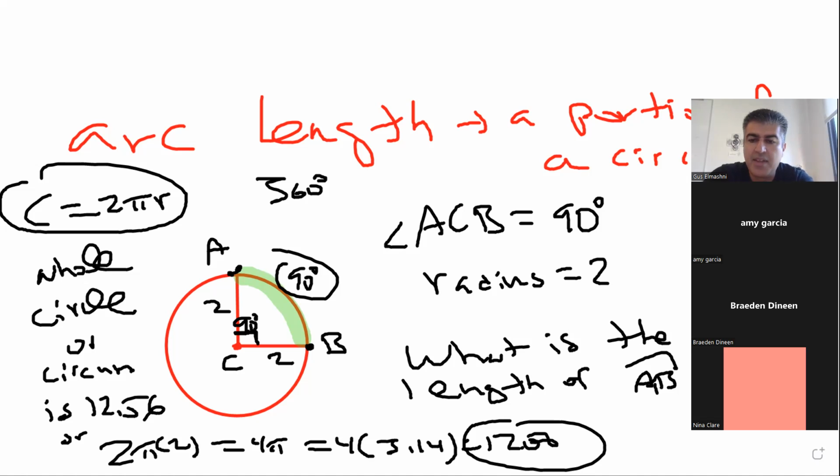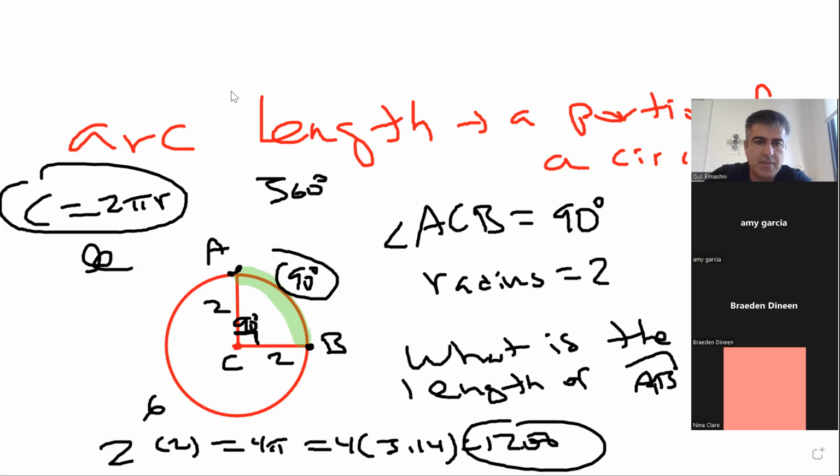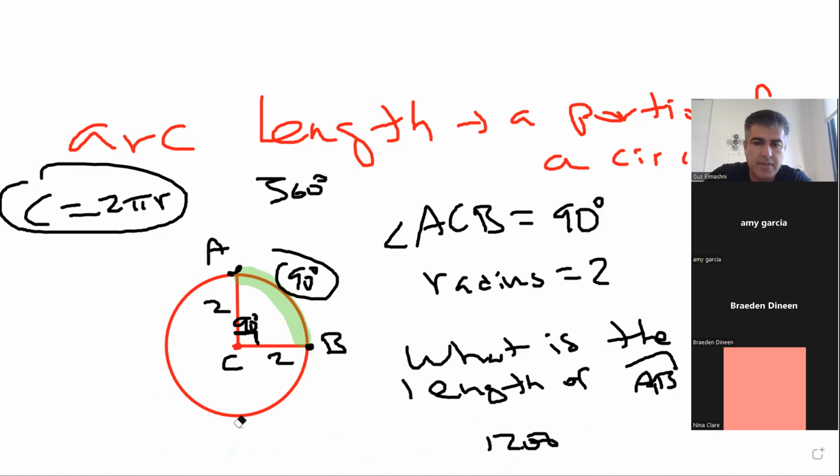So yeah. So why is it 3.14? Let me erase some of my stuff here because now this is getting a little busy. So remember, a full circle is 360, right?